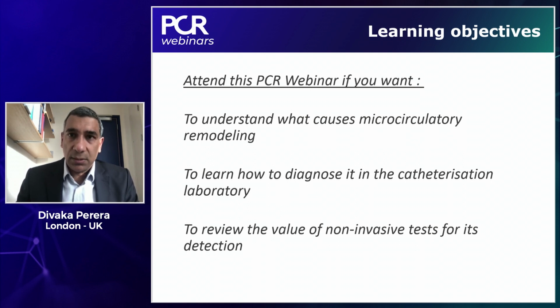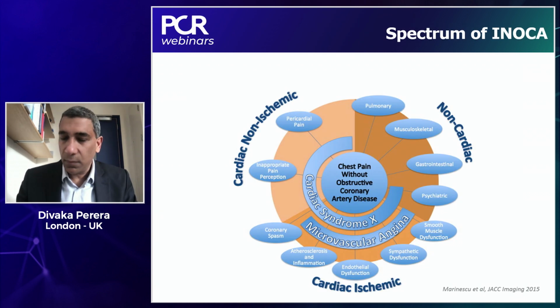So the first session and the first mini tutorial I will do, and I'm going to start by introducing the concept of INOCA. So if we could have the first slide, please. Now, INOCA is a spectrum of disorders.